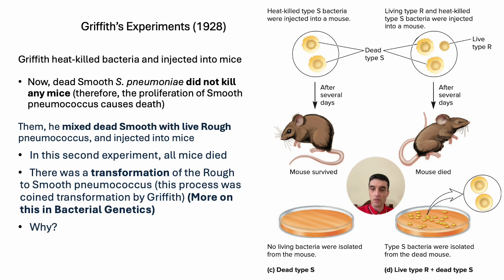But what happens? For some reason, the live rough pneumococcus start developing this capsule around them, and they start killing mice as well.